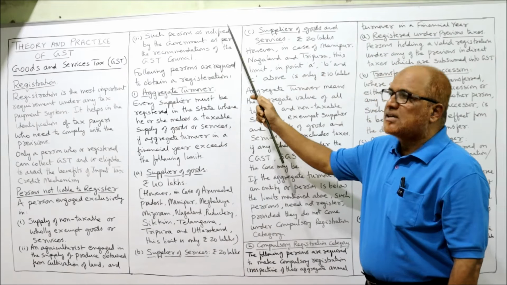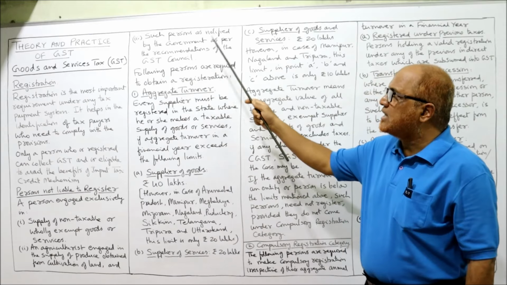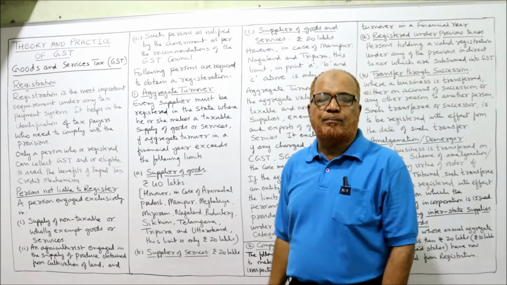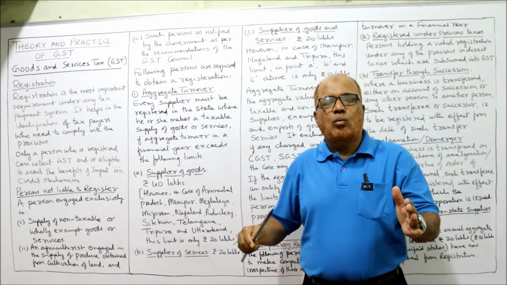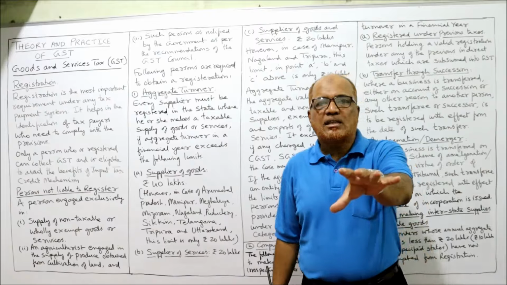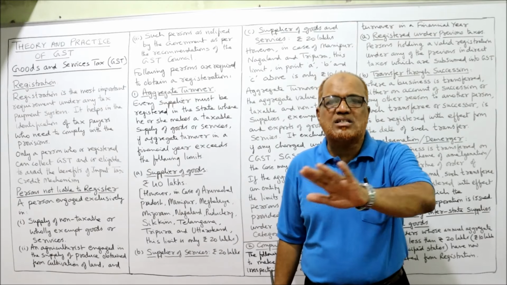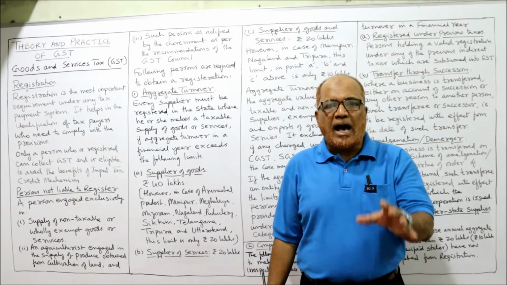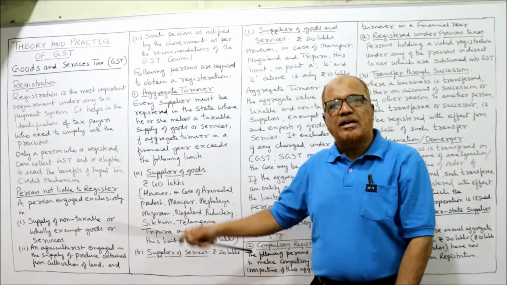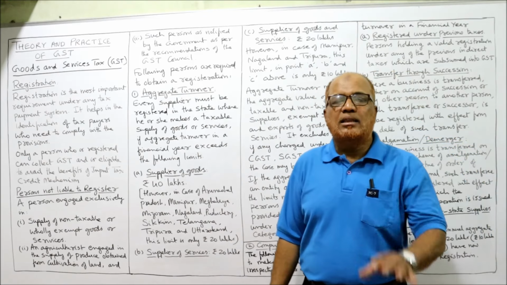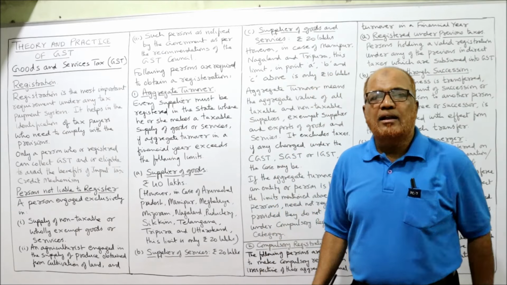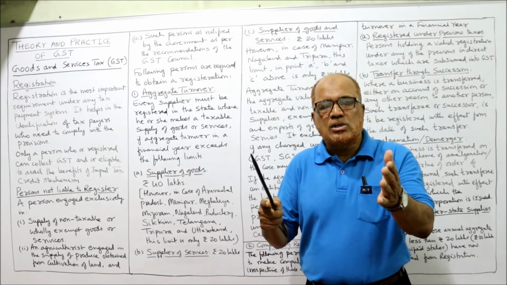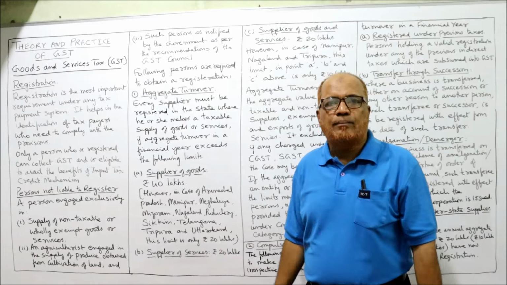Next one, such persons as notified by the government as per the recommendation of the GST Council. The GST Council will suggest that for these businesses registration is not compulsory, and as per that recommendation, the government will declare those businesses.